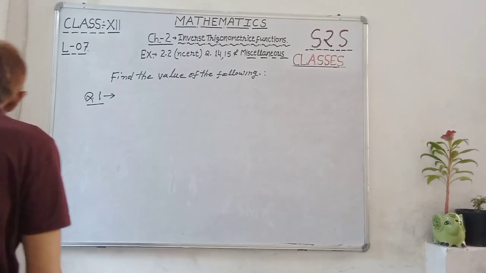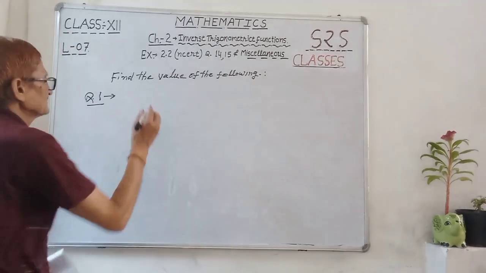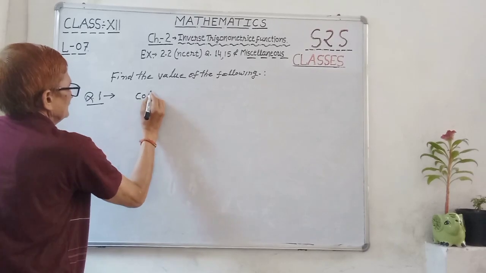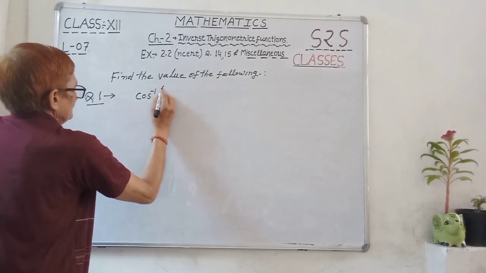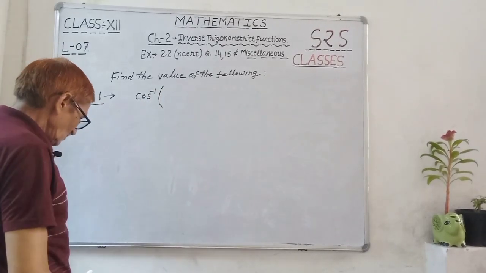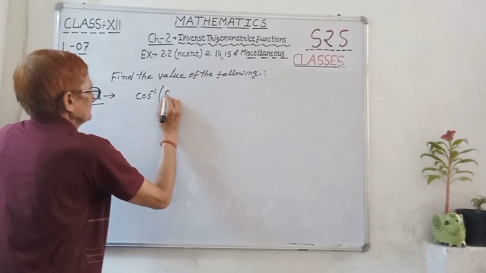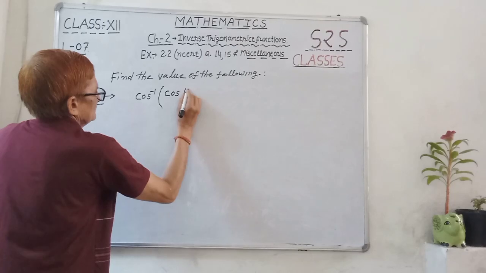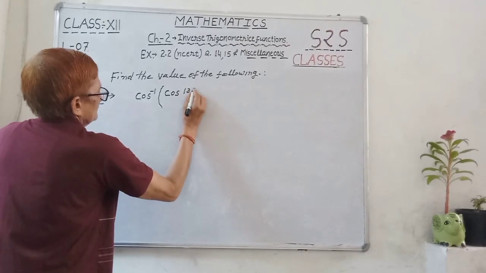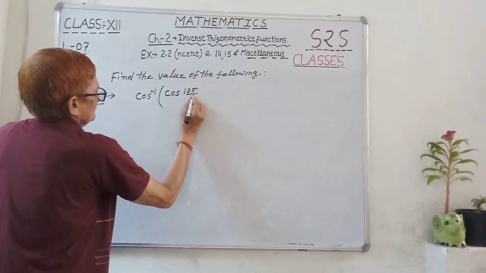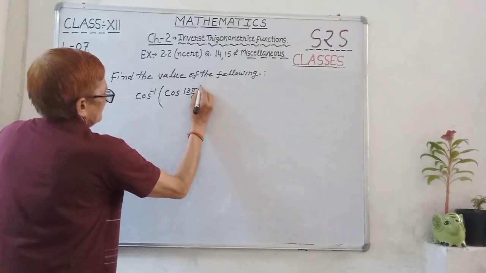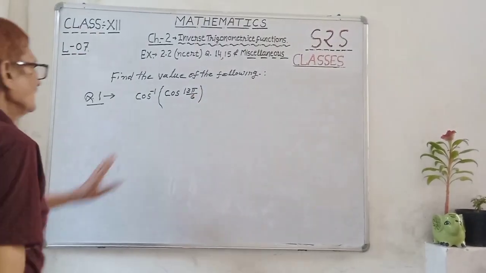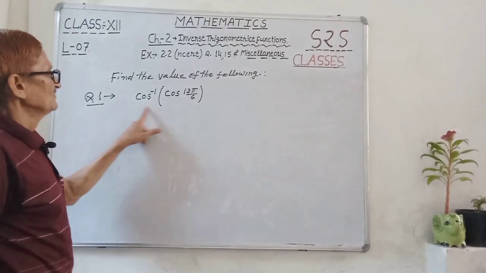Question 1 in the miscellaneous: cos inverse of cos 13 pi upon 6. This is an inverse function.